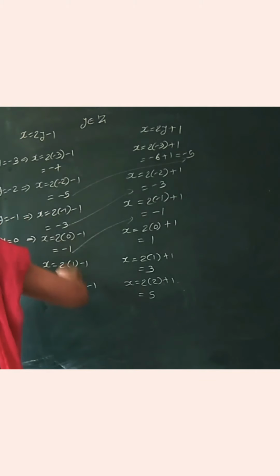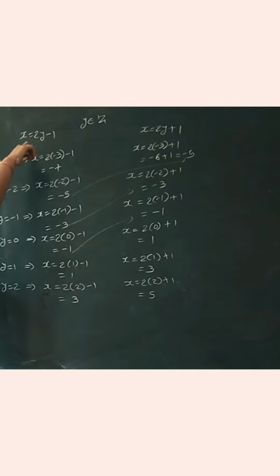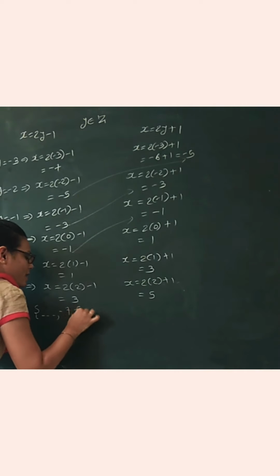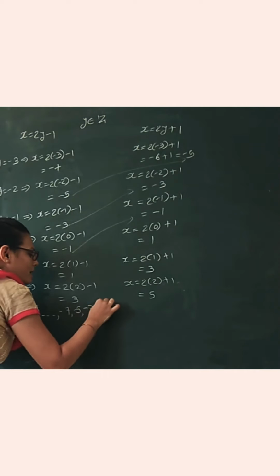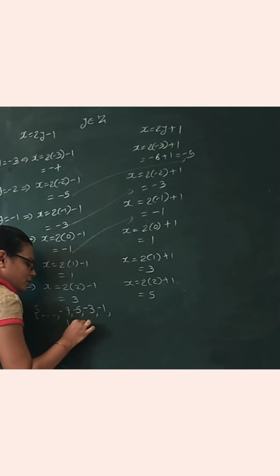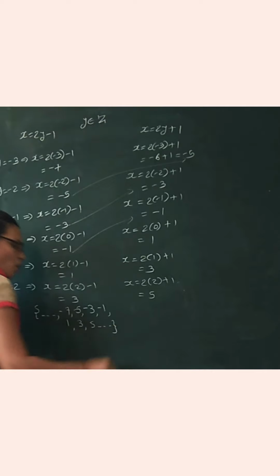So suppose combining all these values, for x is equal to 2y minus 1, if I am writing the set, I will get minus 7, minus 5, minus 3, minus 1, 1, 3, 5 and so on.